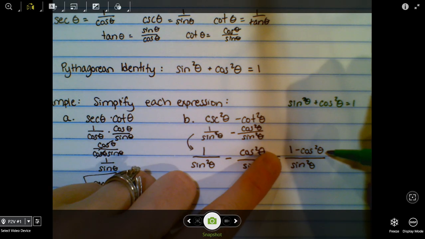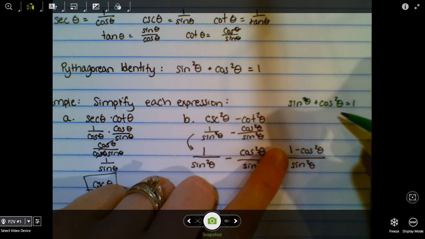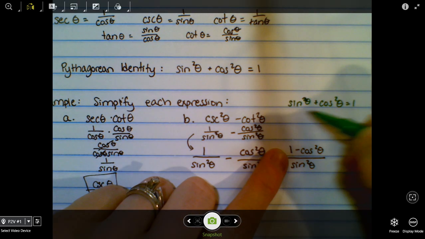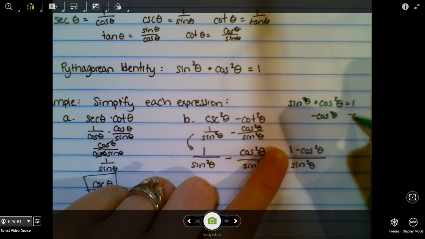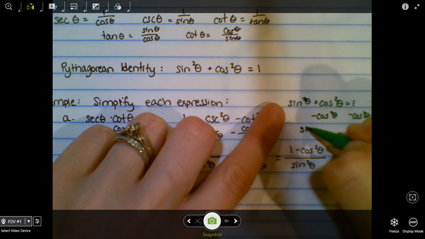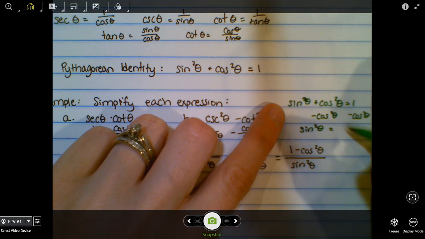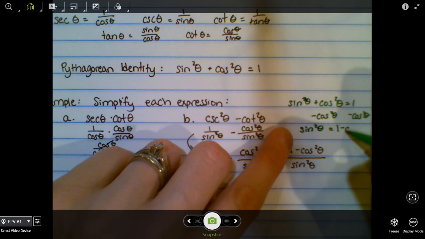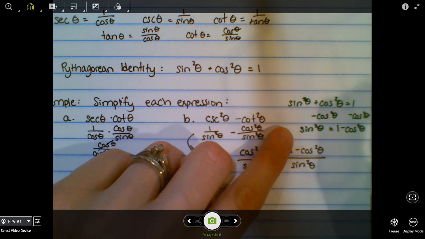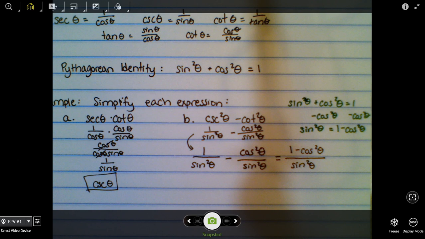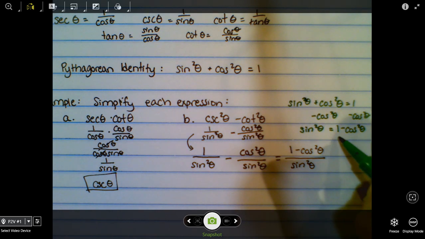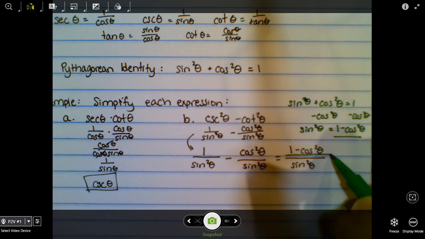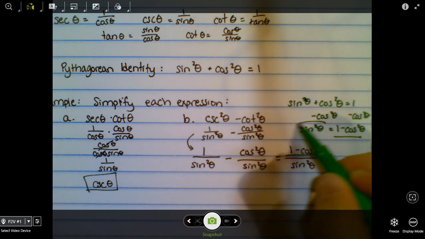Well, we have 1 minus cosine squared theta. If I look at my Pythagorean identity, if I subtracted cosine squared theta from each side, that would give me sine squared theta equals 1 minus cosine squared. Oh, so now I can really just replace this 1 minus cosine squared that I have in my problem with sine squared theta.